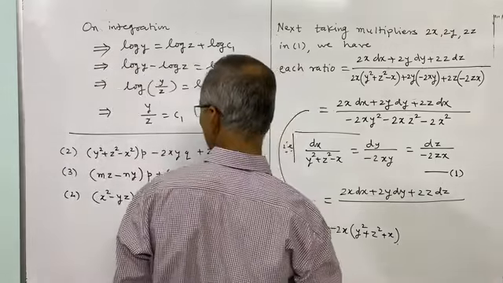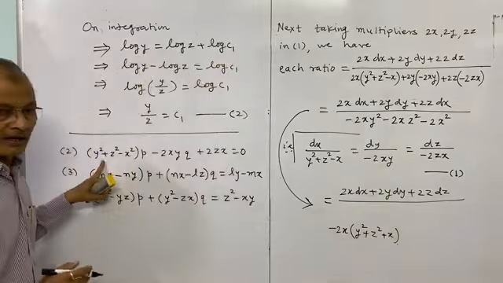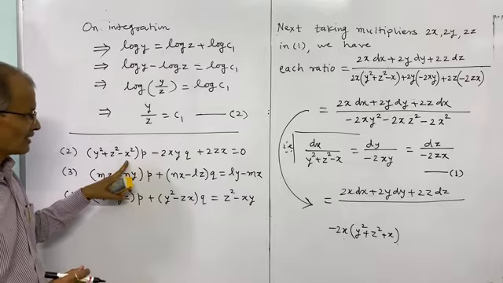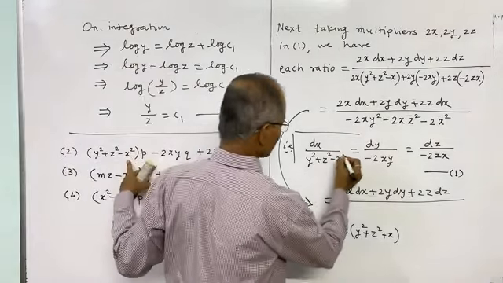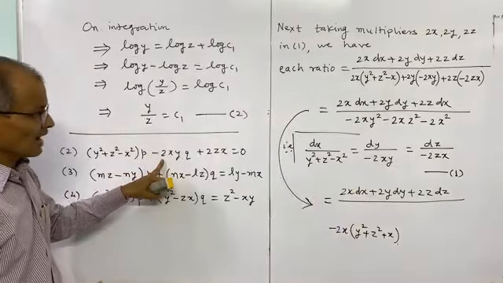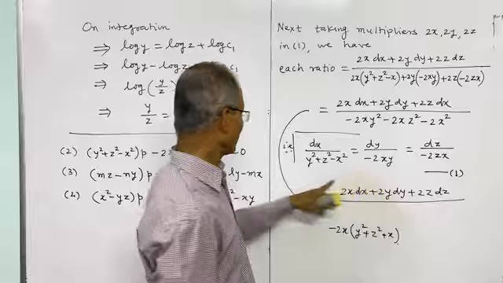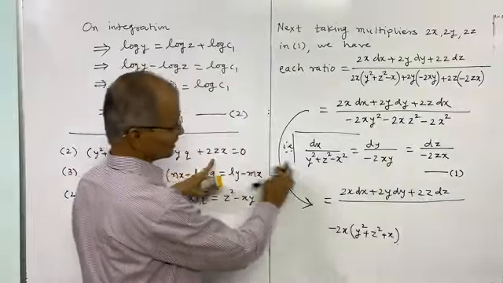So one correction must be there. See the problem, it is y square plus z square minus x square, and we wrongly wrote here x, so it must be x square. We have to correct it. Minus 2xy is the denominator of this, and after shifting this, that is negative.